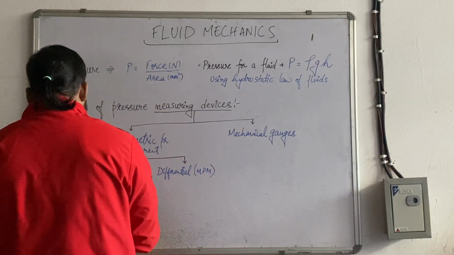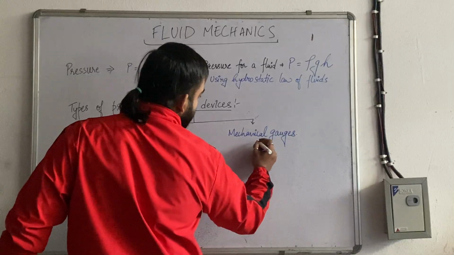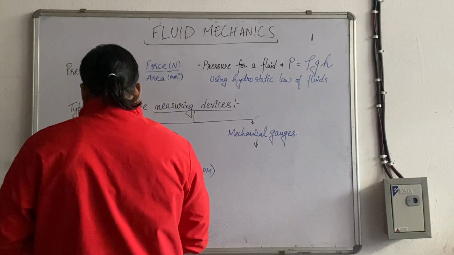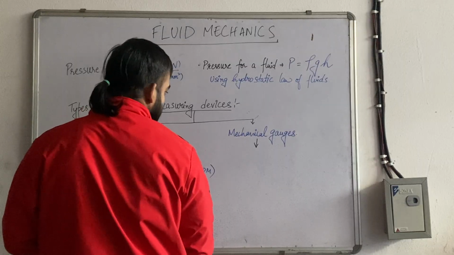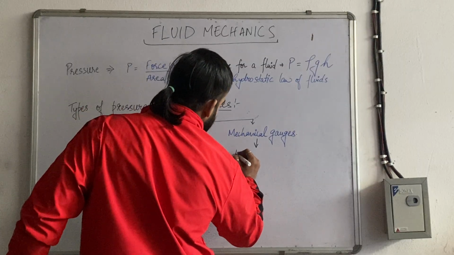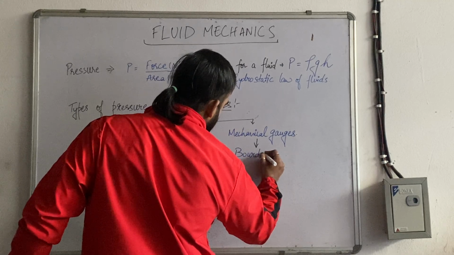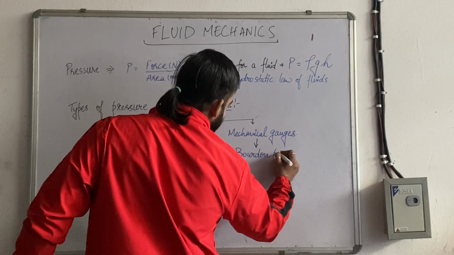In mechanical gauges, the equipment used can be written as Bourdon pressure gauge.